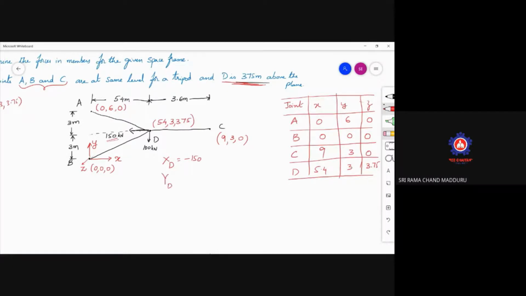YD along y direction, you assumed the positive direction is upward, but the force is coming in the opposite one. So this is minus 100. So wherever the joint is there, at A only one member is there, B one member, C another member, but D is having all the three members. So writing the joint at D. So write on the joint D.